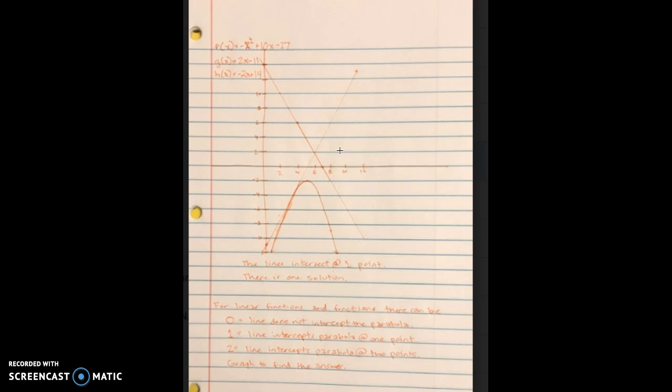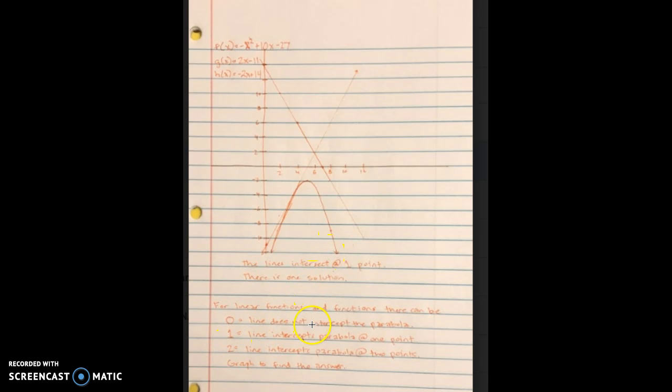As you do that, just know that when you are dealing with a line and a function which creates a parabola, there's either going to be 0, 1, or 2 solutions. If there's no solutions, it's because the line and the parabola do not intersect anywhere. That would be this line right here and the parabola.